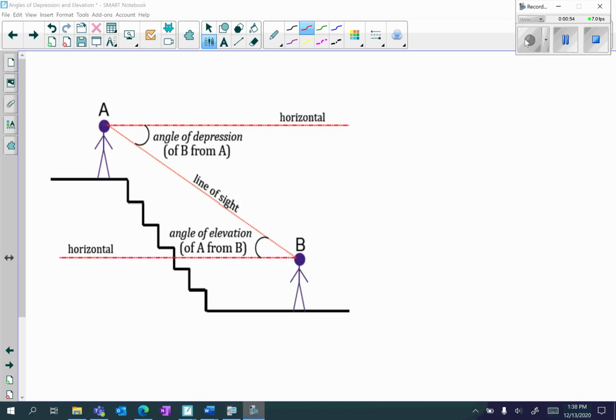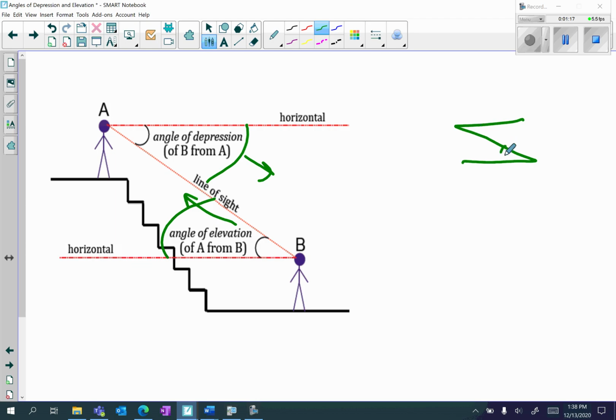Now let's look at a visual of both an angle of depression and angle of elevation. So here we have a person B, their angle of elevation looking up, and we have person A at the top of the stairs looking down. Notice that the angle of depression and the angle of elevation are congruent. Think about what we have here.